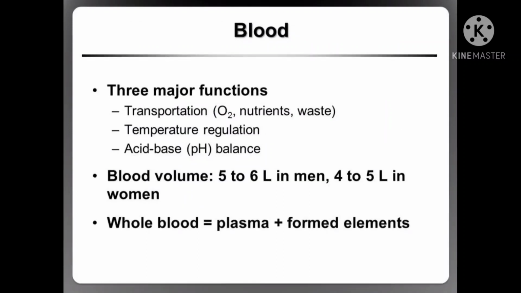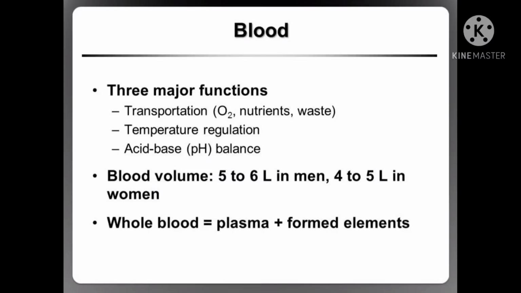So blood. There are 3 major functions of the blood: transportation, temperature regulation, and acid-base balance. Blood volume is 5 to 6 L in men, 4 to 5 L in women.